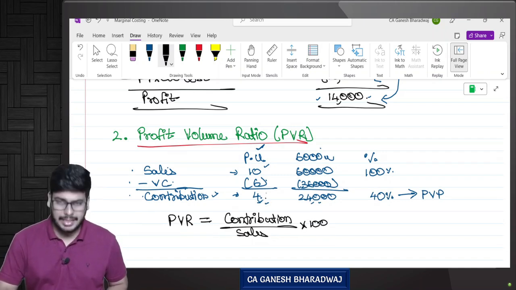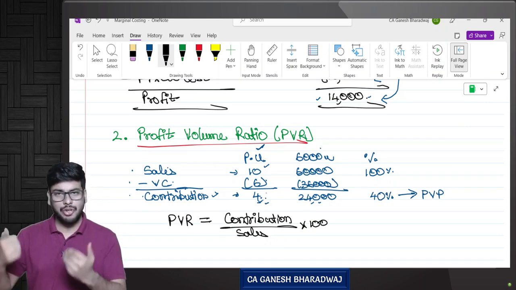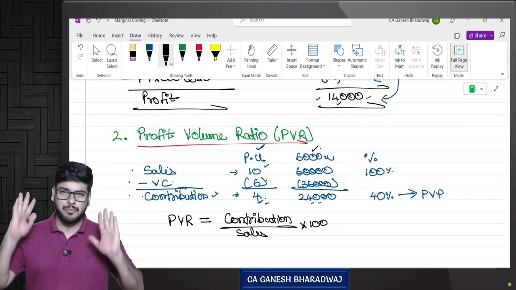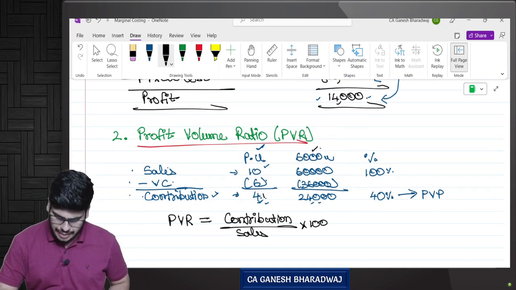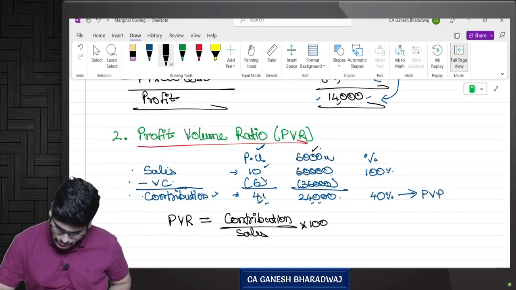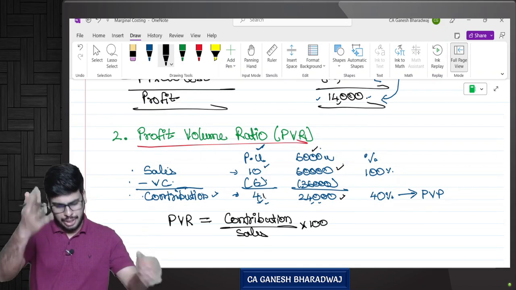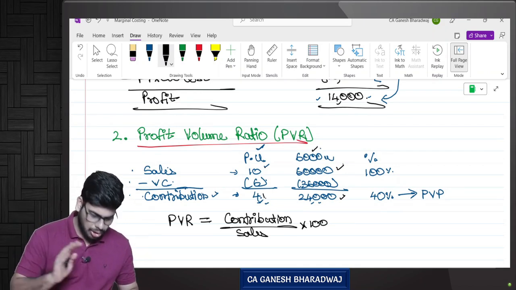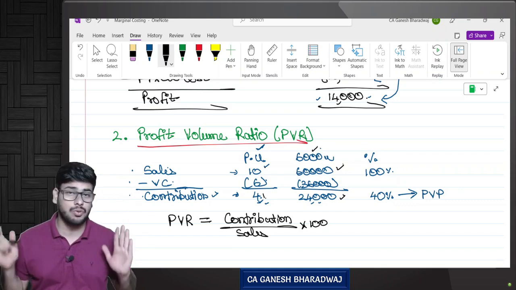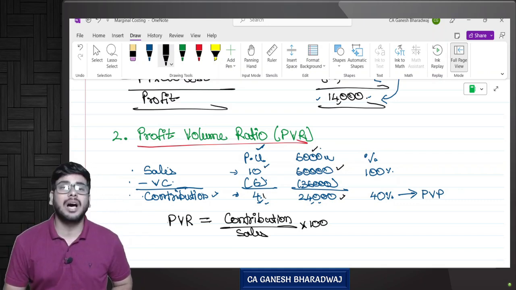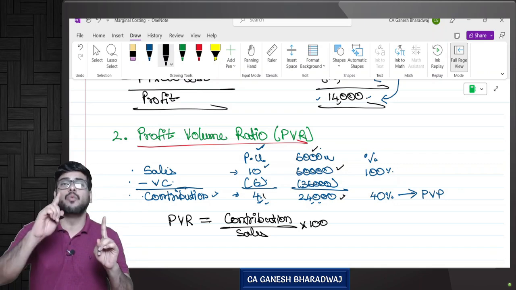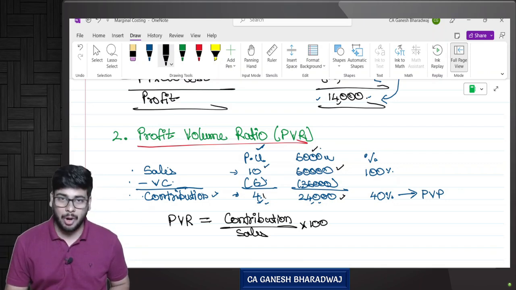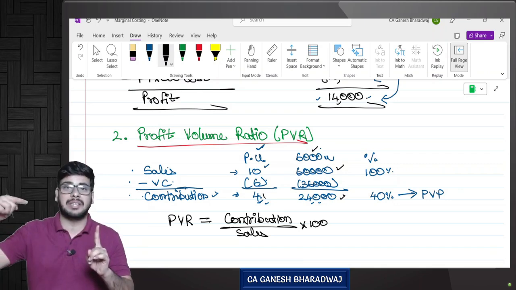You can do this calculation on a per unit level, or you can do this calculation for any output level. It will be the same. 4 divided by 10 is 40%. 24,000 divided by 60,000, you calculate and see, that will also be 40%. Are you clear with this? So PVR means what? Profit volume ratio. When the profit is expressed as a percentage of sale.